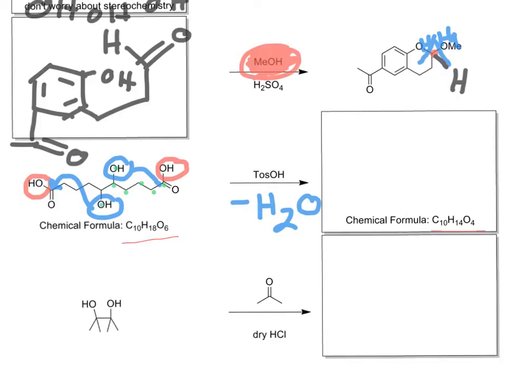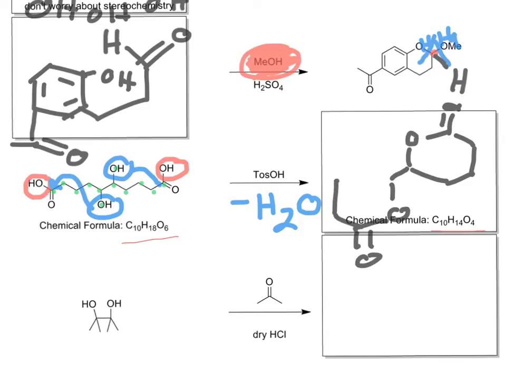Same thing goes here: 1, 2, 3, 4, 5, 6 atoms will be in a ring. And so this ends up being this diester. Cyclic esters are called lactones. And of course we've lost 2 equivalents of water, 1 for each Fischer esterification.